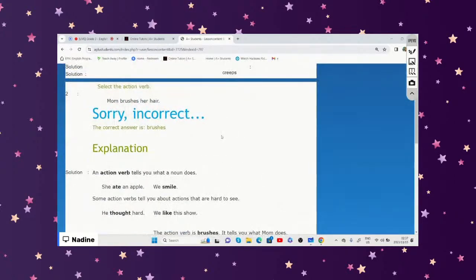Mom brushes her hair. What is the action verb within that sentence?